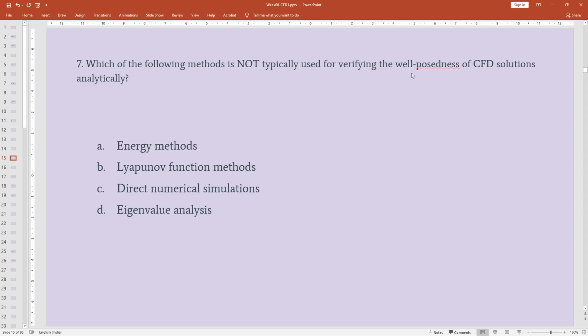Well posedness is the ability of a scheme to have a unique solution, to have solutions, and to have solutions based on the boundary values of the schemes. So the question here is which is not a typical method to verify the solutions analytically. Our options are option A, energy method, option B, Lyapunov function method, option C, direct numerical simulations, option D, eigenvalue analysis.